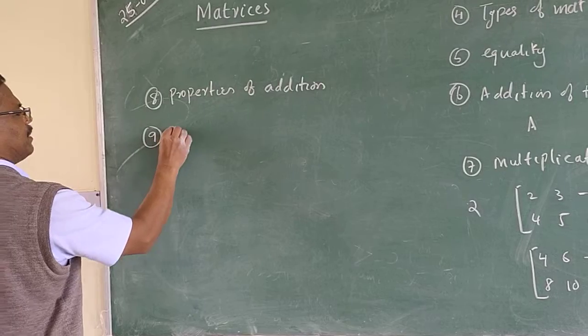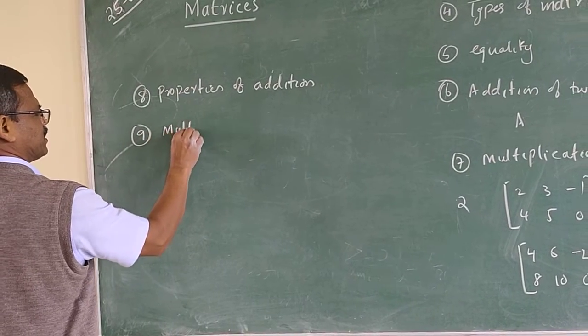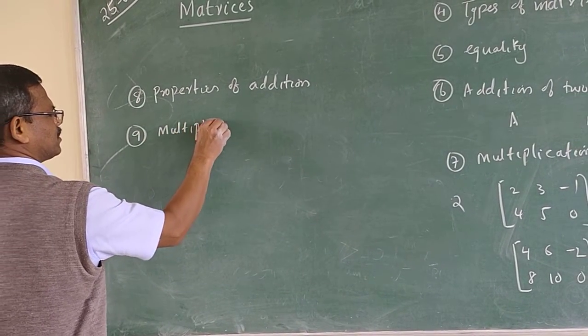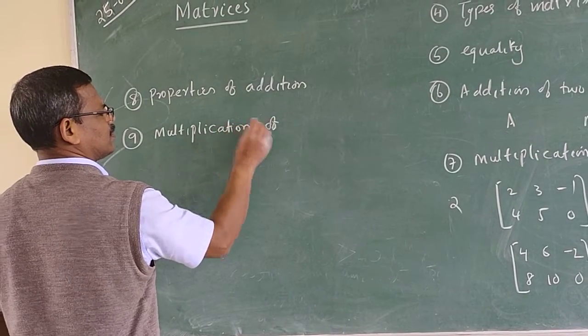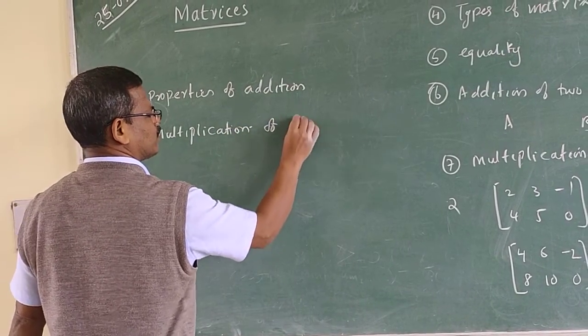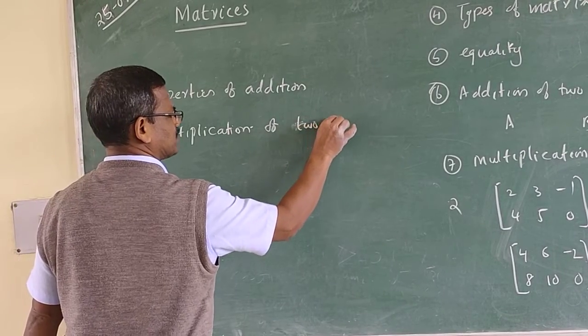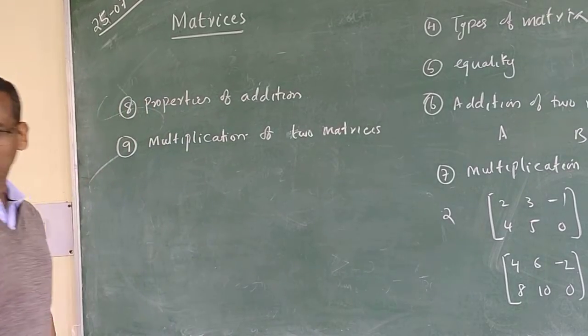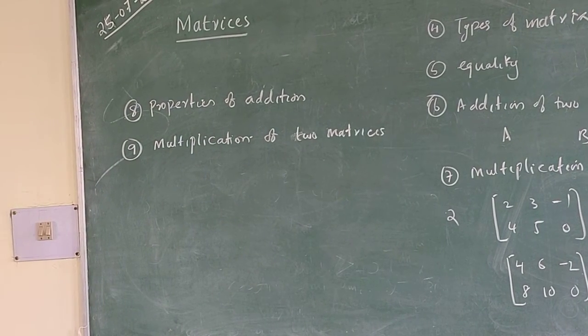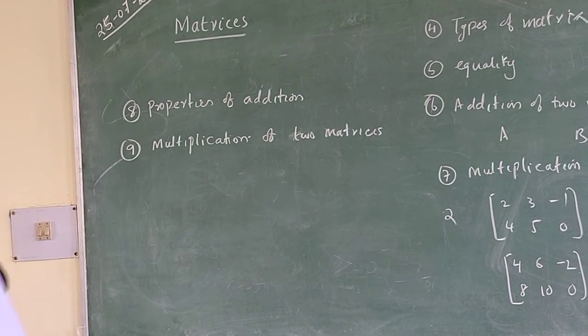Next one is multiplication of matrices. That is very important. When you want to multiply two matrices, there will be some conditions.